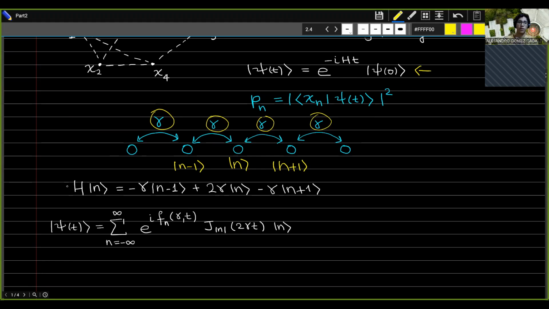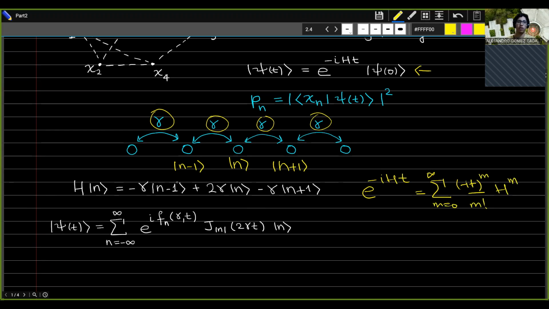So from this relation, we can compute this expression. We just need to write it as a power series of this H. So this is e to the minus iHt, the sum from m equals 0 to infinity of (minus it) to the m over m factorial, times H to the m.